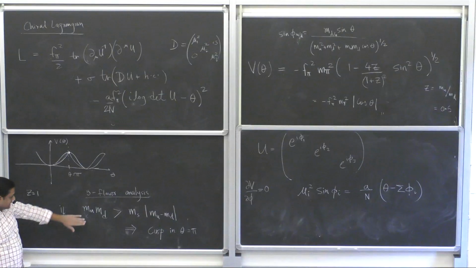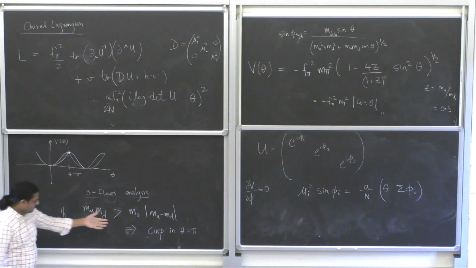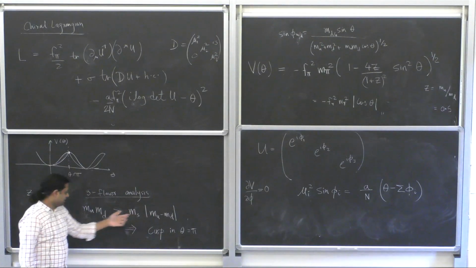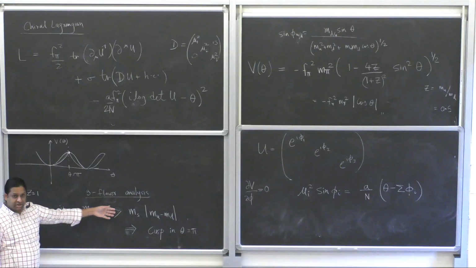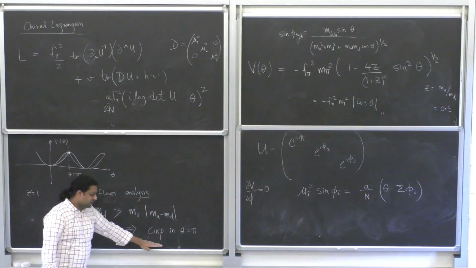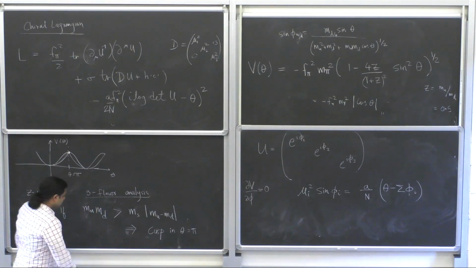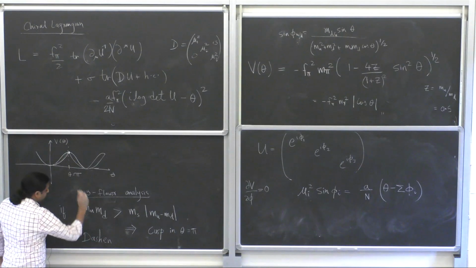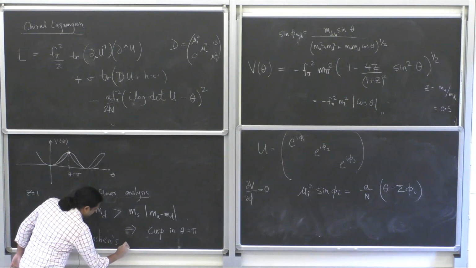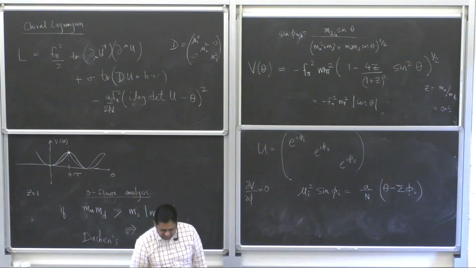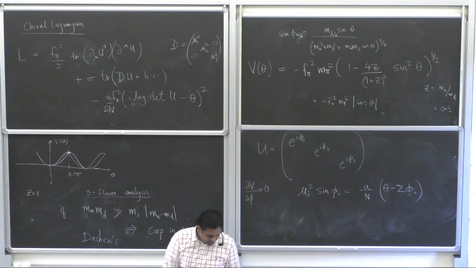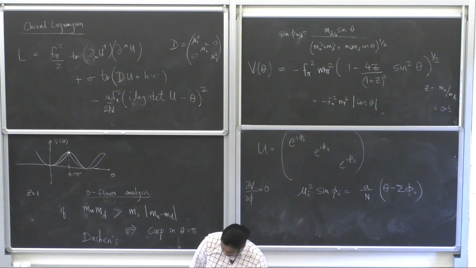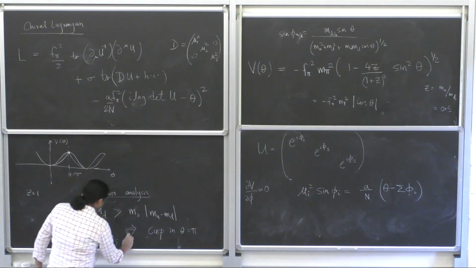Okay, this is again not true in the real world. Mu minus md is the same order as mu or md, and so this is not really true. So we don't actually have a cusp at theta equals pi. But if that were true, there would be a cusp, and this is called Dashen's phenomenon.